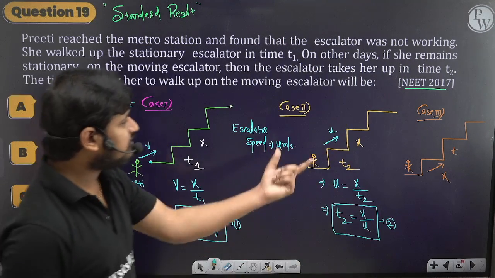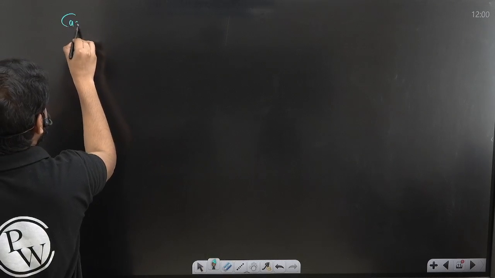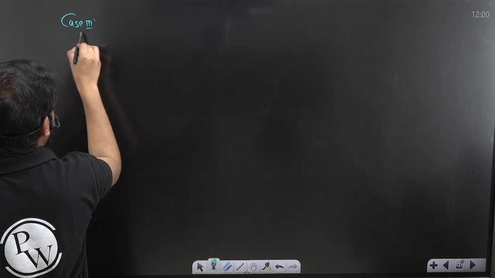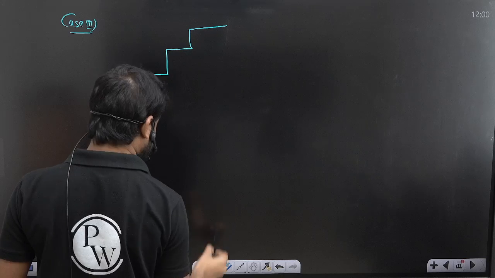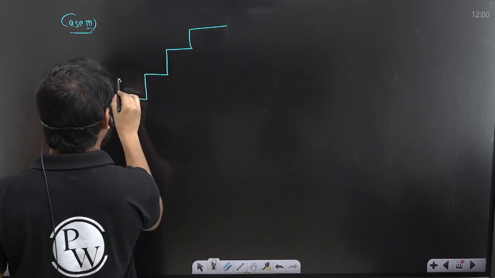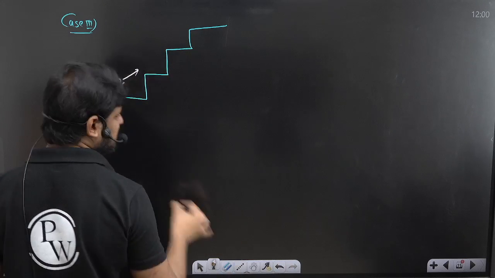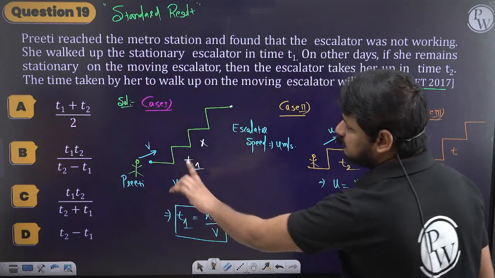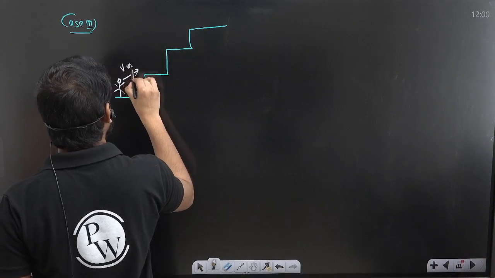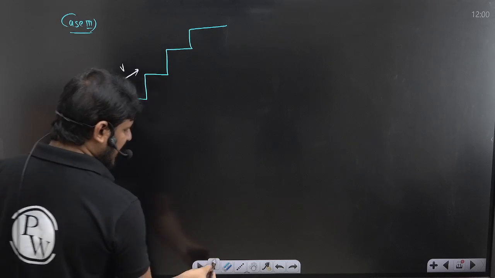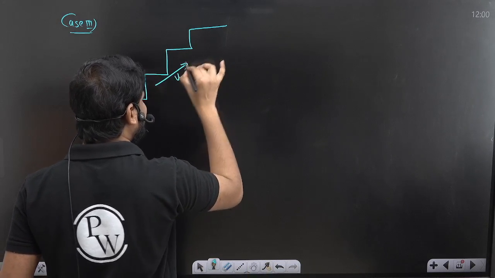Now let's come to case 3, where again I am drawing the diagram. This is an escalator, and here is Preeti. Preeti is walking with speed v meter per second, and at the same time the escalator is also moving with a speed of u.